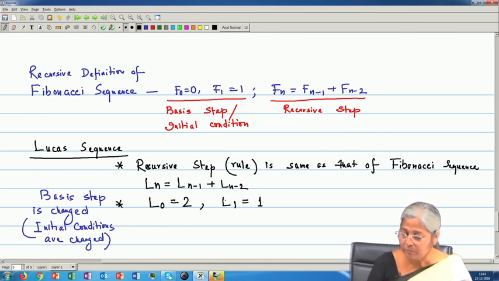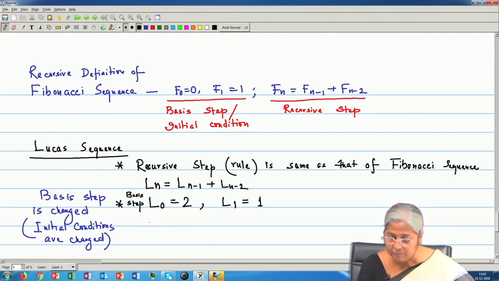Now, if we see the sequences, this is my basis step.